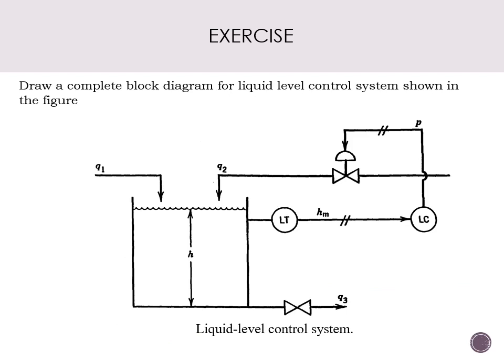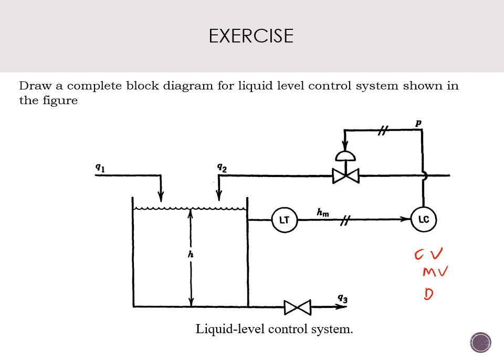For exercise, try to draw a complete block diagram for the liquid level control system shown in the figure. So first, what you need to do is identify what is your control variable, manipulated variable, and also the disturbance.